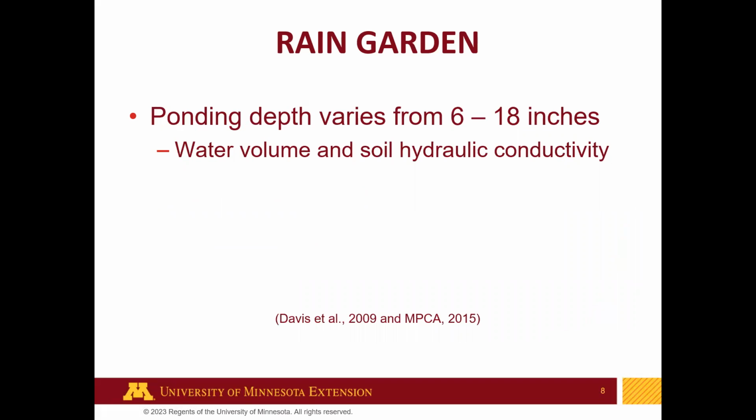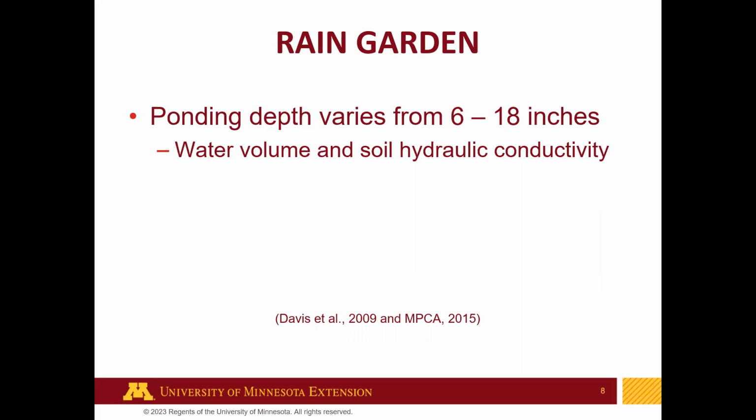The ponding depth of rain gardens varies. For many residential rain gardens, they're probably about 6 inches deep at their lowest point, although larger rain gardens could be even up to 18 inches, but a lot of that is going to depend on the water volume, because they're sized according to the area that the water is being collected from, and also the soil hydraulic conductivity.